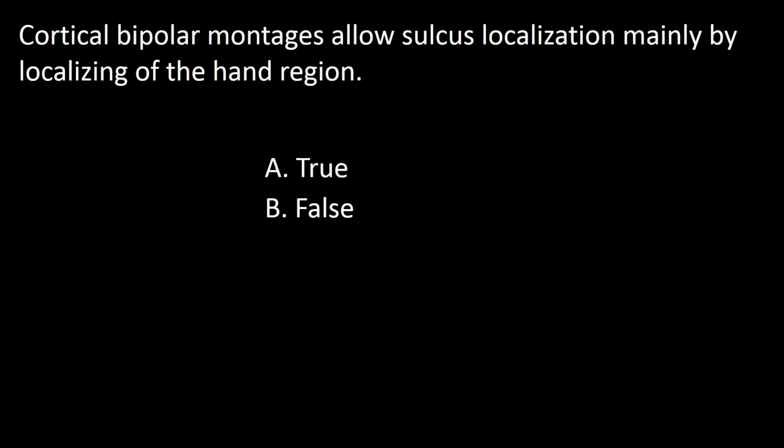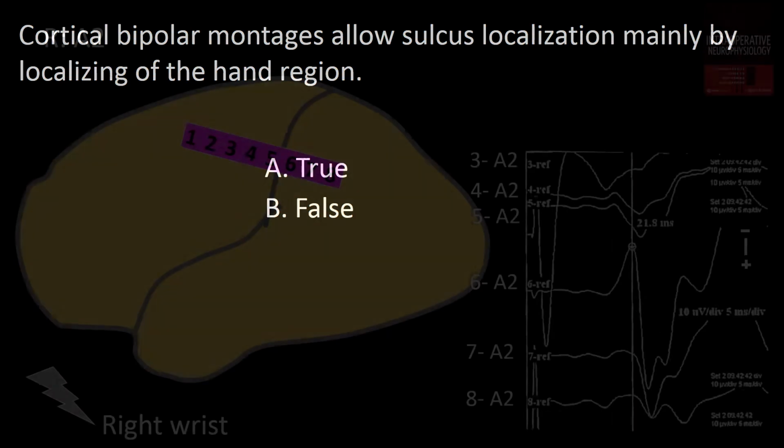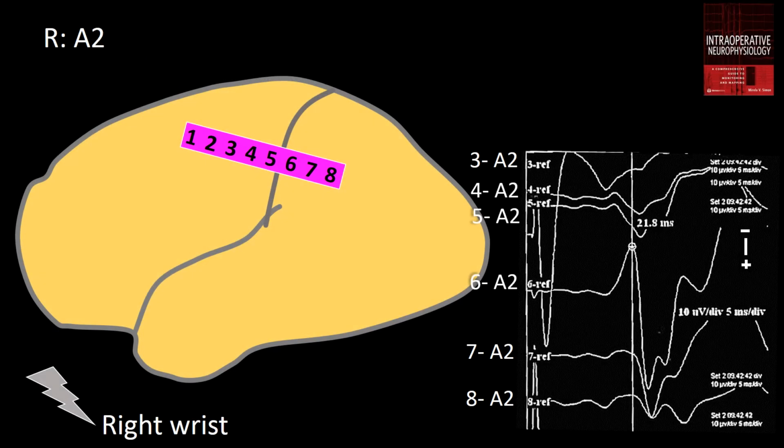Next question. Cortical bipolar montages allow sulcus localization mainly by localizing the hand region. A true, B false. This is a referential recording that established the presence of the central sulcus between the 5th and the 6th derivation.